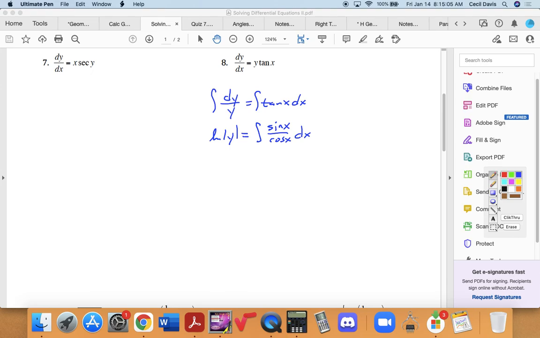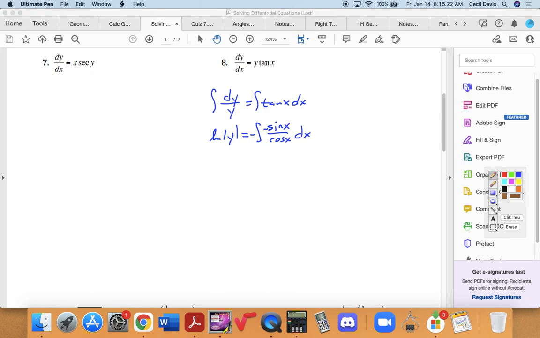Well, that's what's going to happen here. I've got cosine in the denominator, and very nearly its derivative. The derivative of cosine is negative sine, so I'd like that to be negative sine. So I'll just stick a negative there and there.